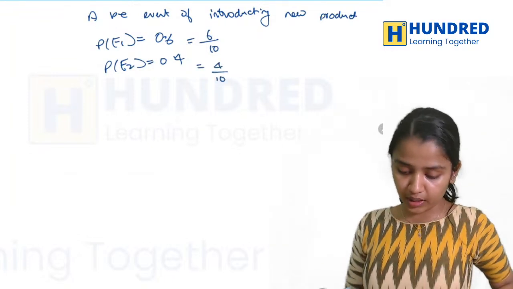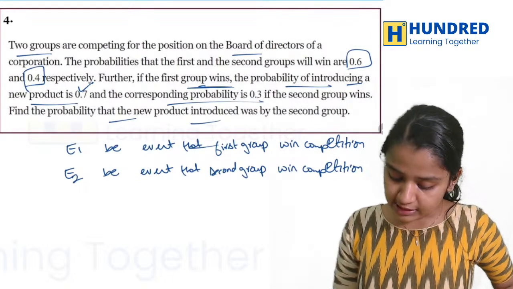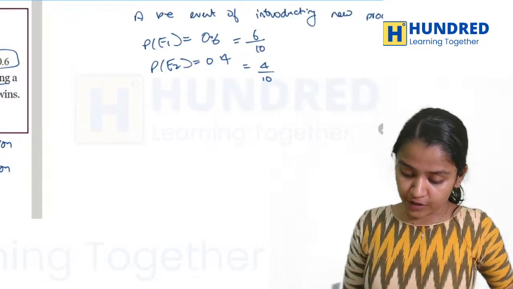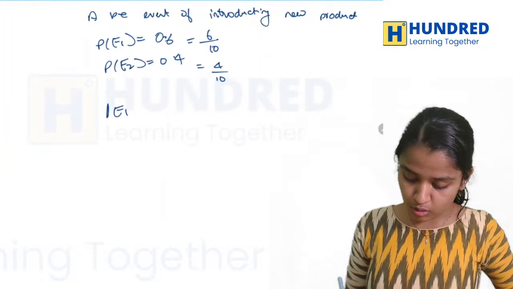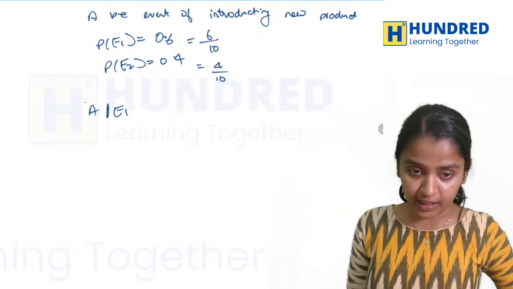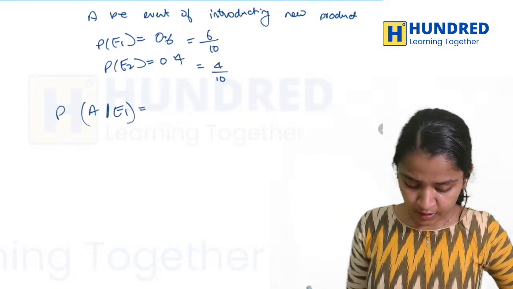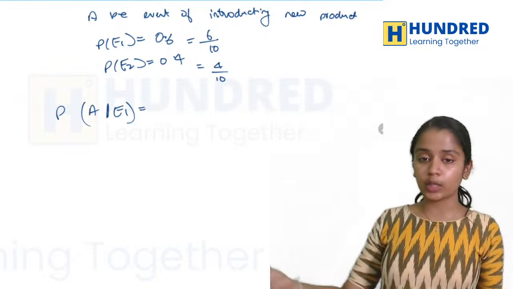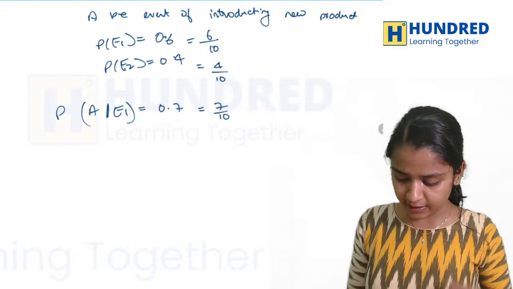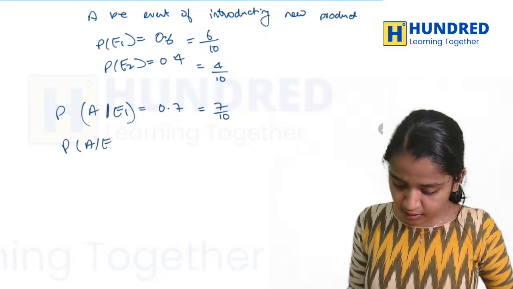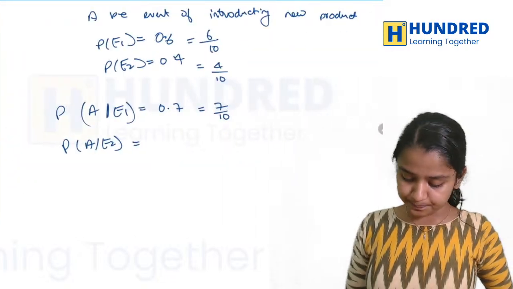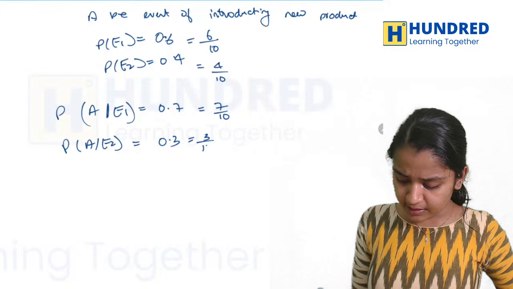Now, given the first group wins, the probability of releasing a new product, P of A, is 0.7, which is nothing but 7 by 10. Similarly, if the second group wins, the probability of introducing a new product is 0.3, which is 3 by 10.